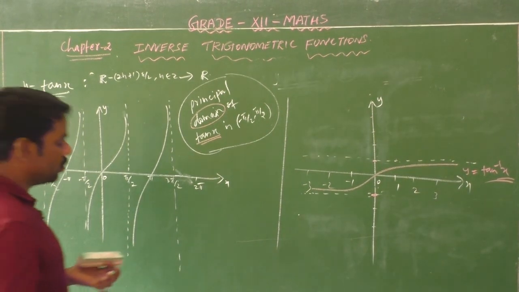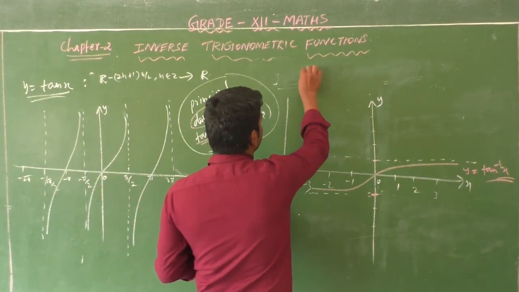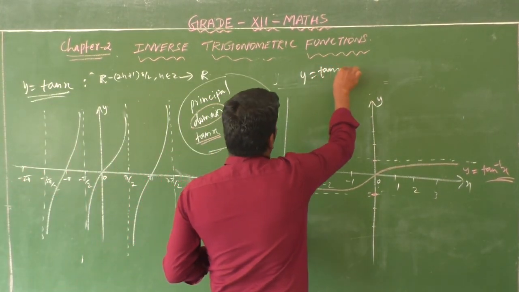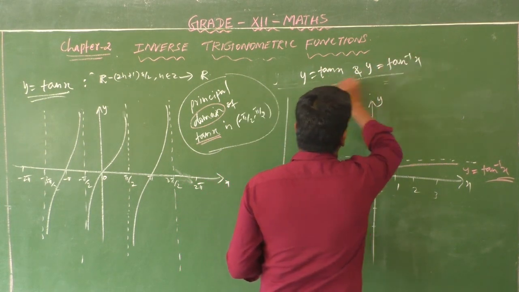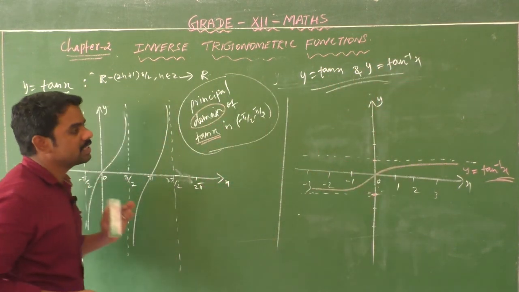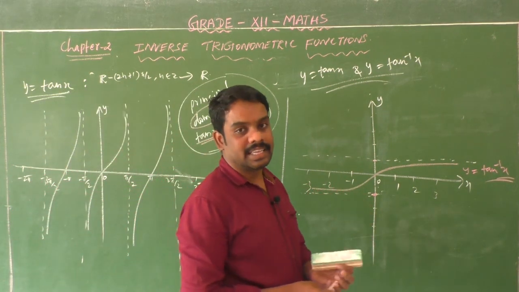Listen, next compare the y equal to tan x curve and y equal to tan inverse x. This is y equal to tan x curve, this is y equal to tan inverse x.